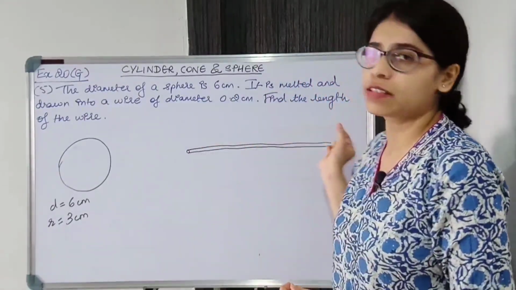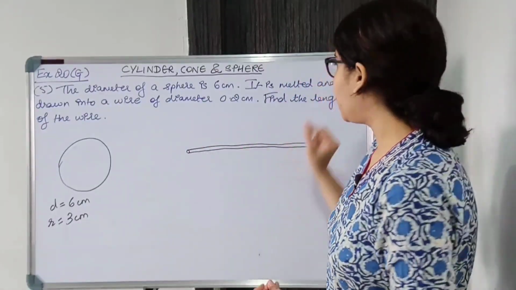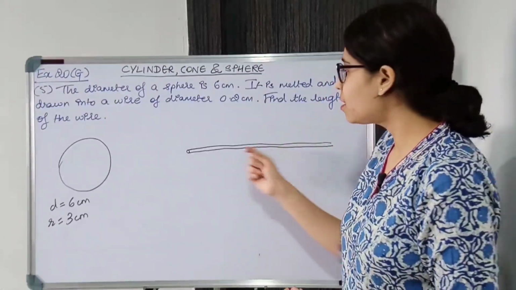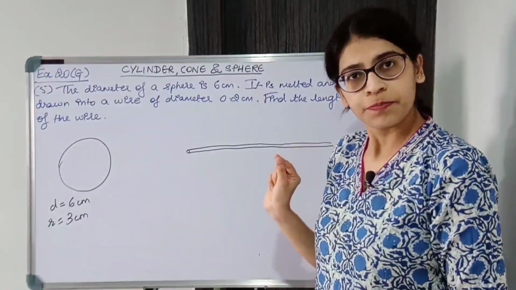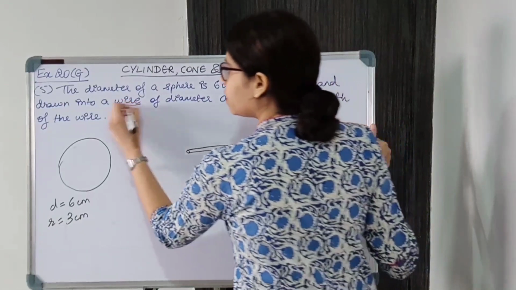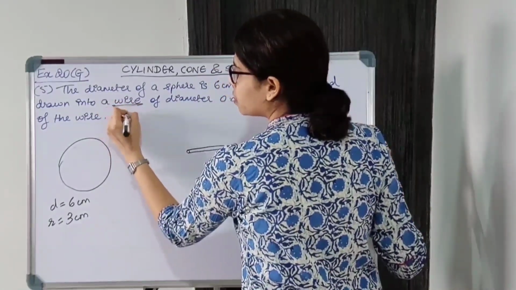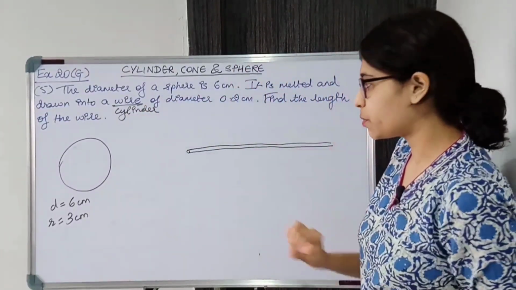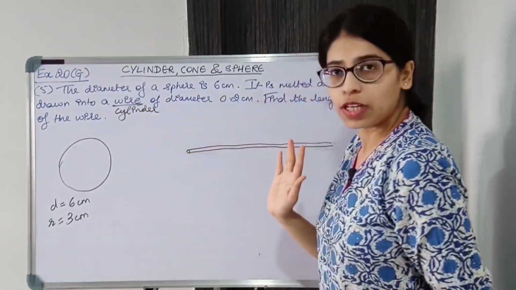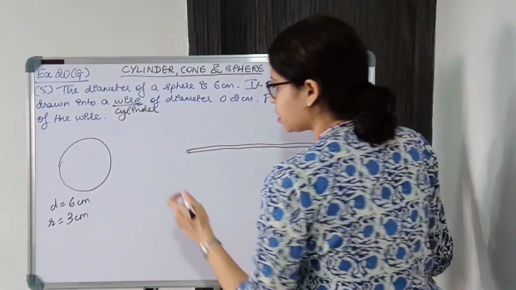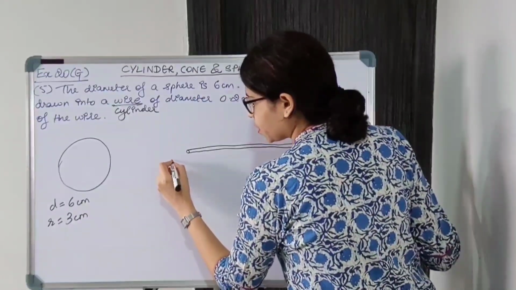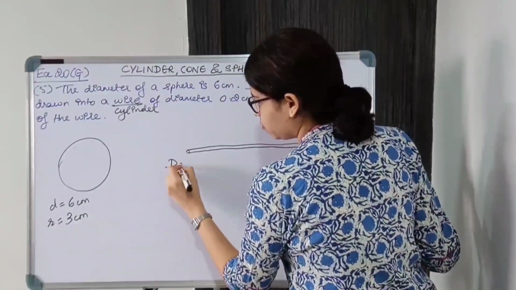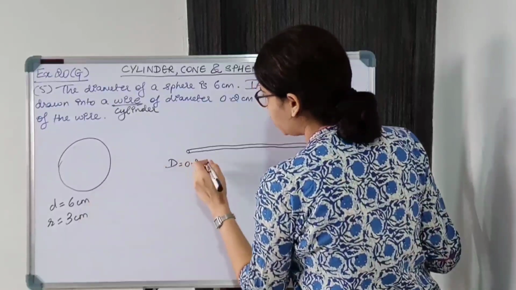Okay, and its length is long, so we have to find the length of the wire, that is the height of the cylinder, ठीक है. Keep in mind wire is in the form of a cylinder, cylindrical shape होता है उसका. So diameter बोला गया है, it is 0.2 centimeters. D बोला गया है, so I'll take capital D for wire, ठीक है. यहाँ पे small letters लिया है.